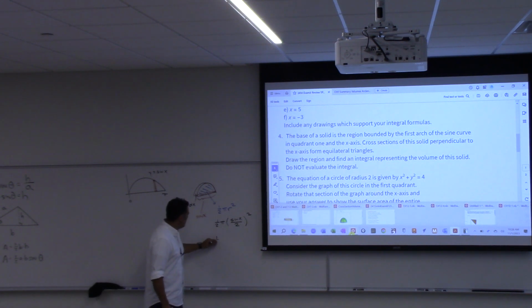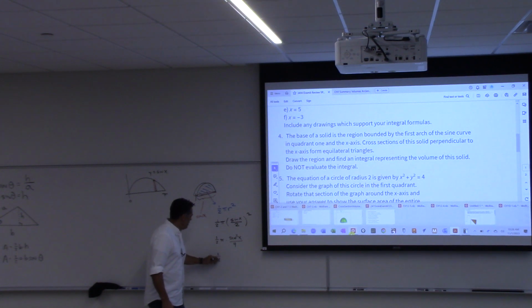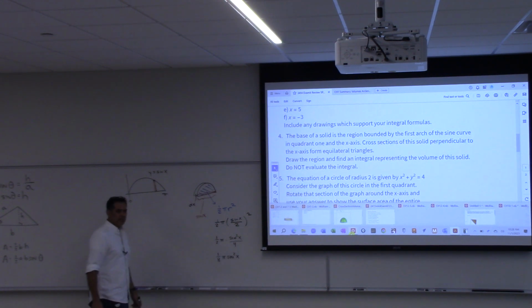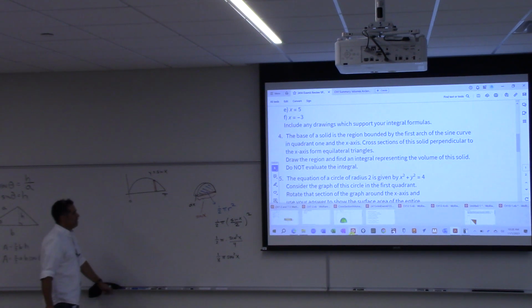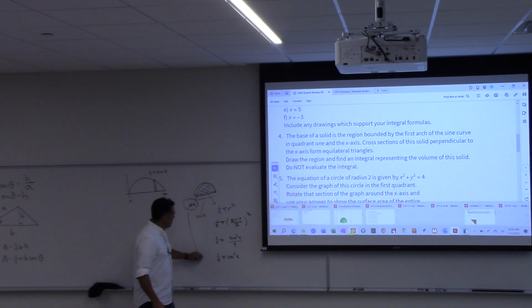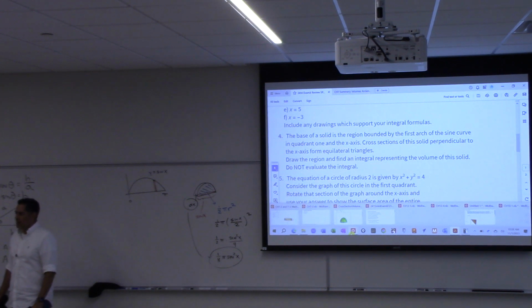This is 1/2 pi, and that right there is going to be sine squared x over 4. Then I can bring the 1/4 out front: 1/8 pi sine squared x. That's the area of that piece. So the volume of the piece would be that times dx, and then we use the integral to add them up.